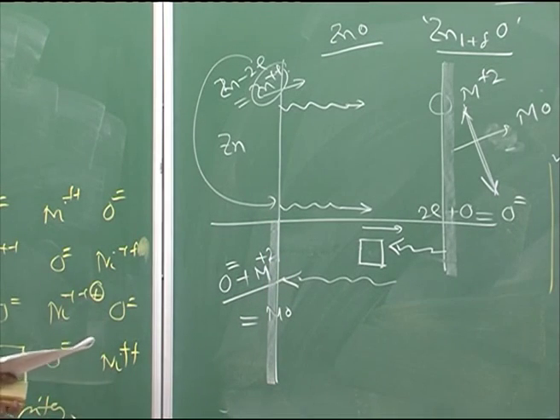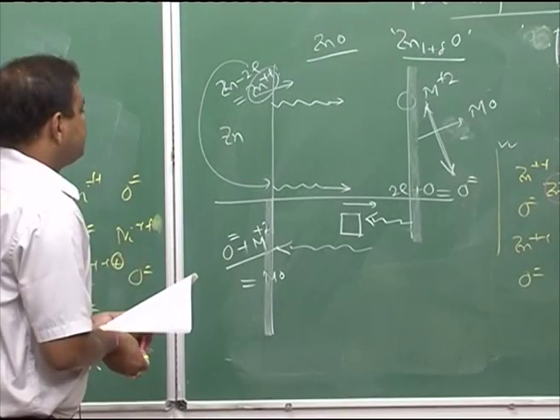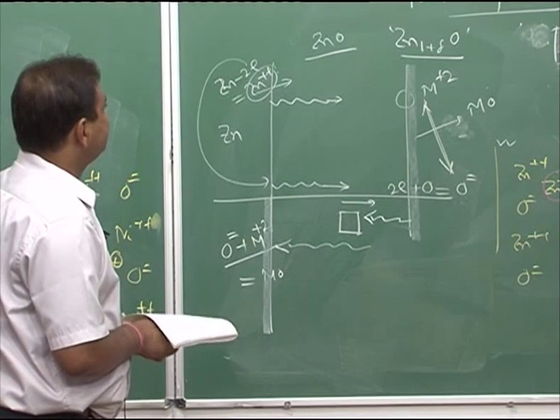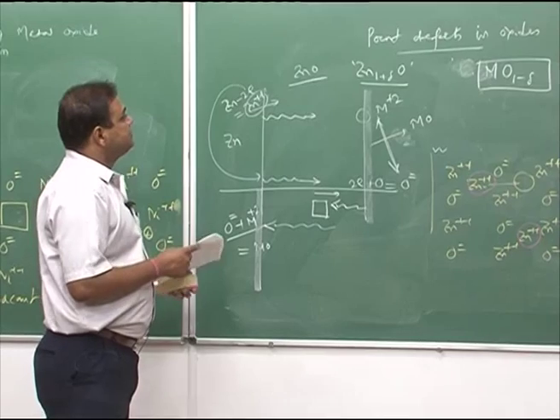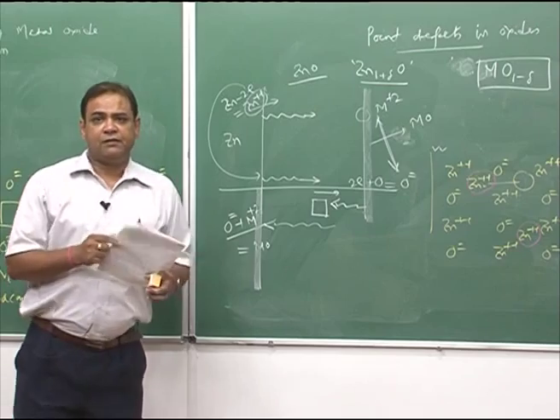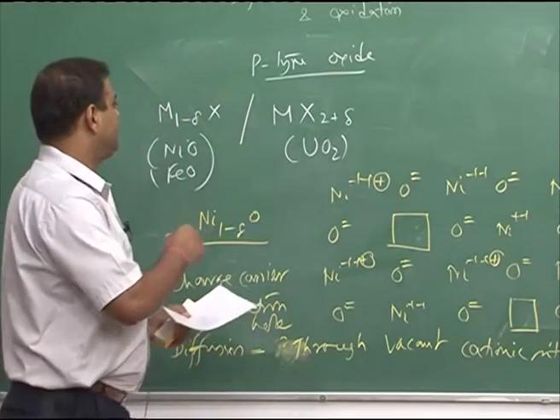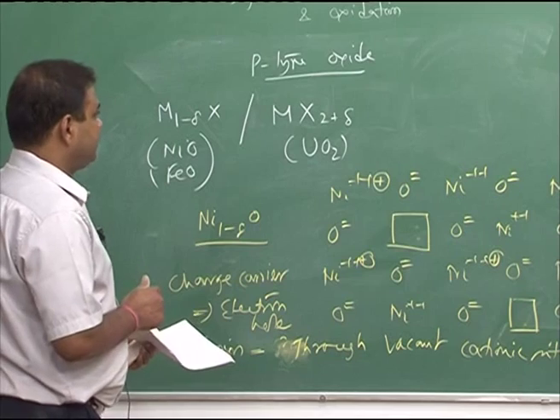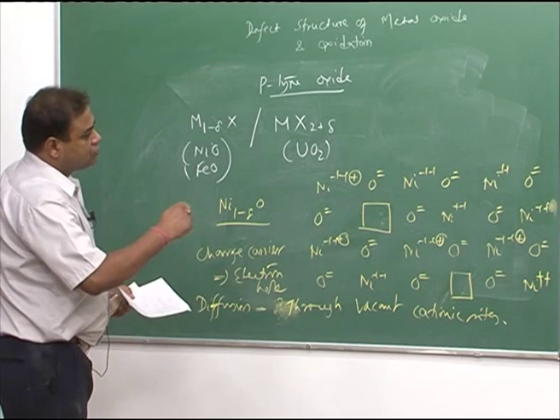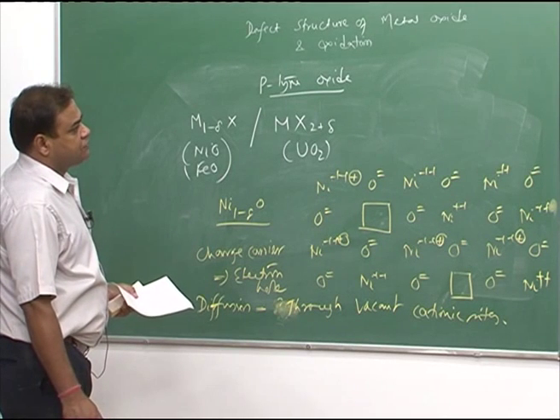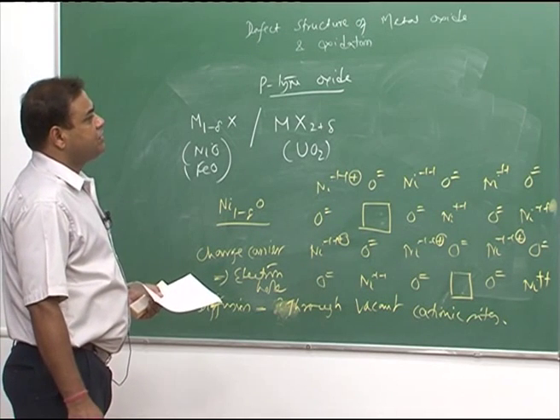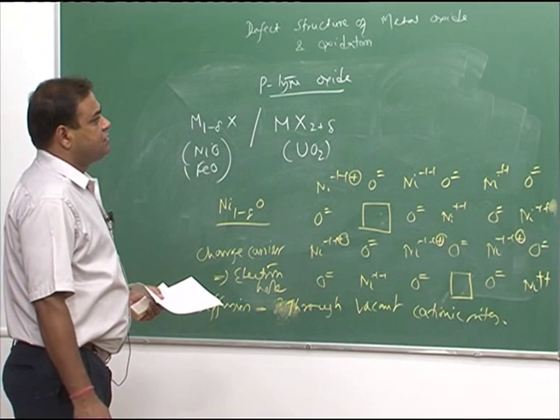This is the explanation of oxidation in case of N type oxides, where either you can have excess metal in the interstitial position or oxygen vacancy. We see that oxide growth would be at two different interfaces depending on whether it is metal excess N type oxide or oxygen deficient N type oxide.